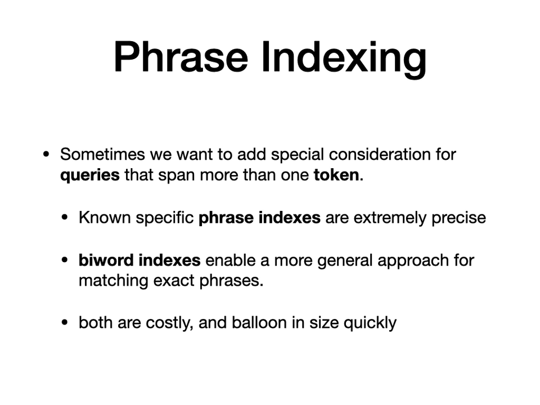That's a big index. It's basically the size of the language squared. That's not what we typically want. So both of these work for handling phrase indexing, but they're both costly and they're going to blow up. So how do we solve this a different way? What else could we do to fix this?